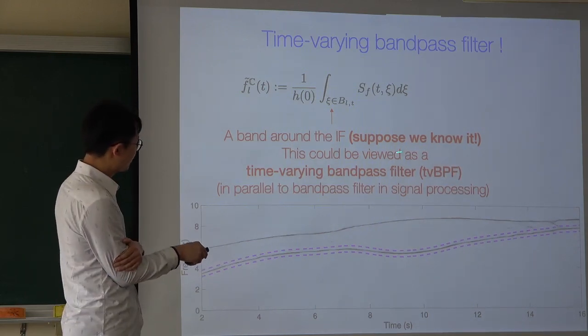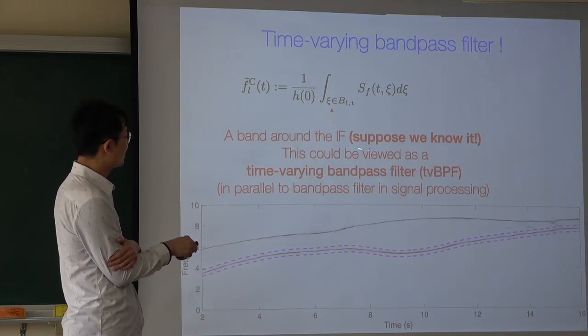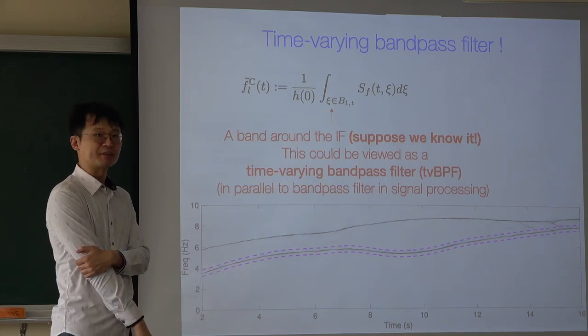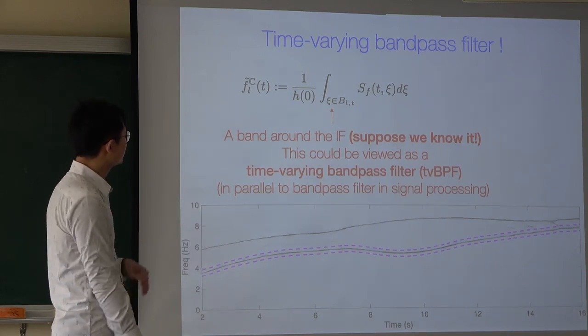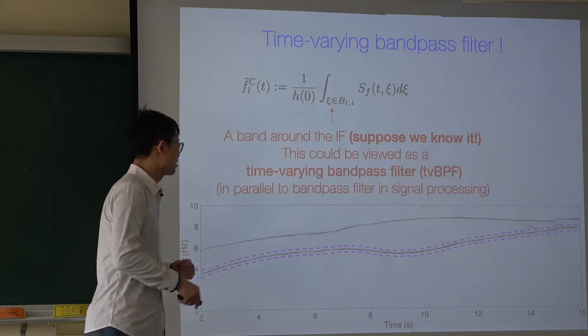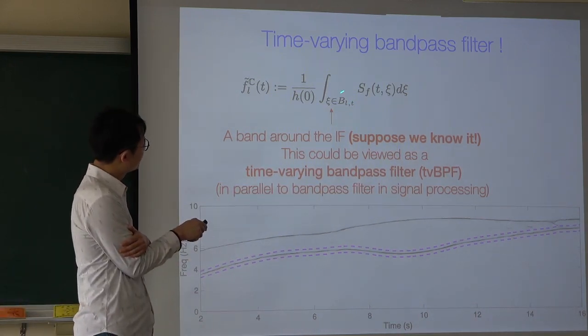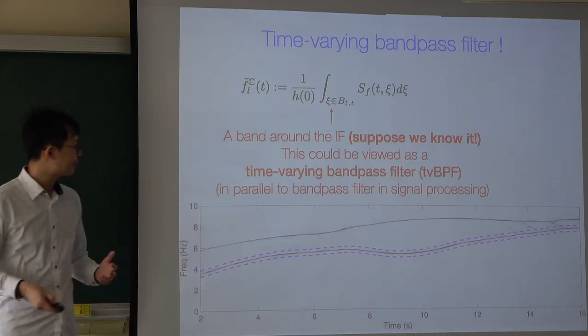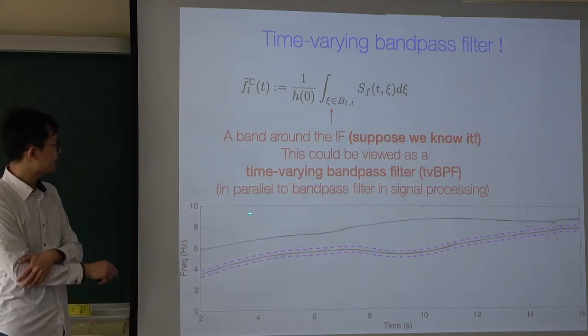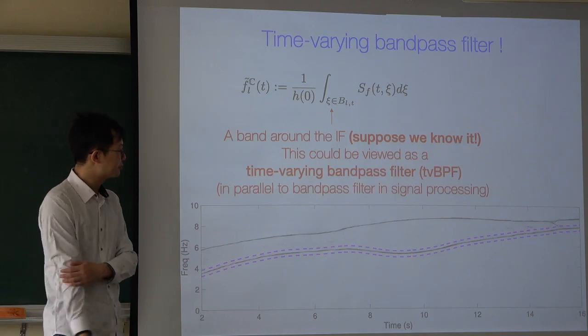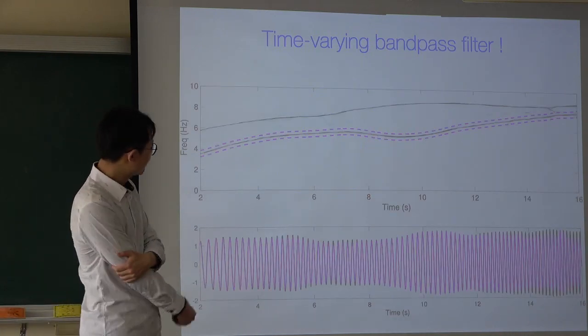So we will come back to discuss how to estimate the instantaneous frequency from the time frequency representation. So in the end, this can be viewed as a time-varying bandpass filter, because at each time, the band changes. This is in parallel to the bandpass filter in signal processing. And this is the result.